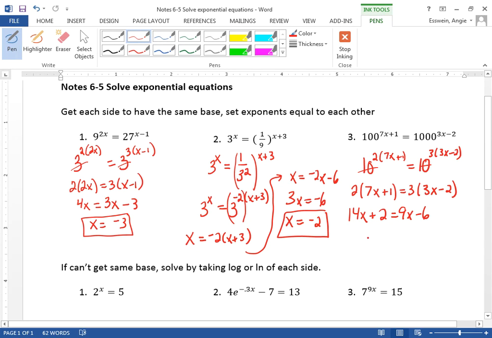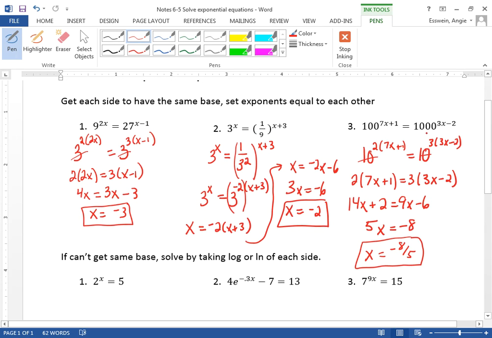Subtract the 9x from each side. Subtract 2 from each side. And you get a fraction, and that's fine. -8/5. Definitely don't want to do guess and check to try to find that answer. Okay, any questions on that? If you can get a common base, then that's what you do.